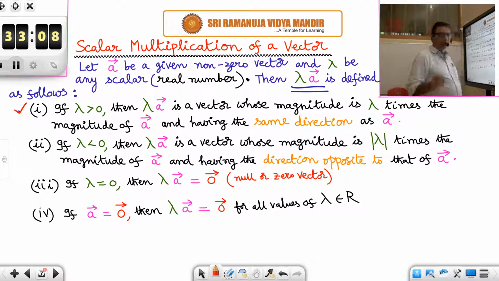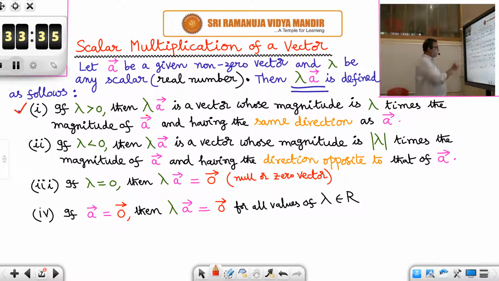So lambda is positive, so the magnitude will be multiplied by lambda. So 10 A bar means a vector whose magnitude is 10 times the magnitude of A bar but having the same direction. So the length will increase because vectors are represented by line segments, but direction remains same.